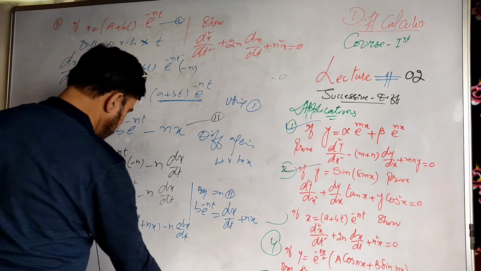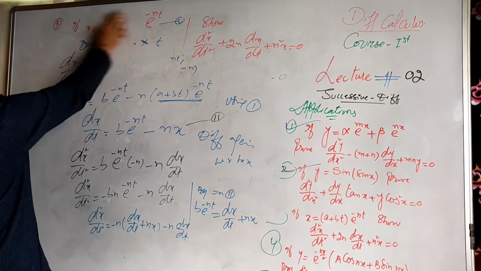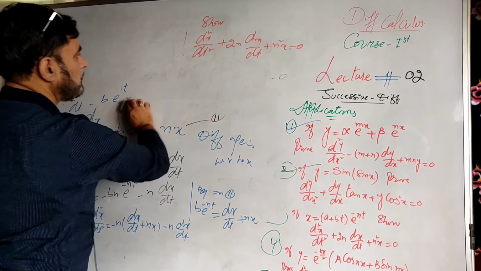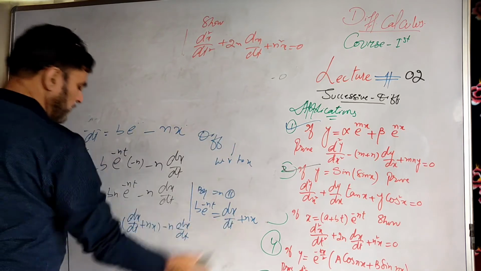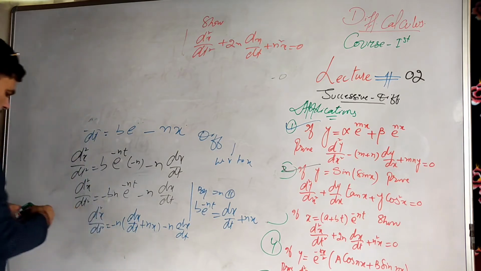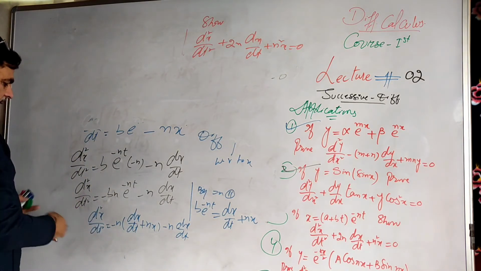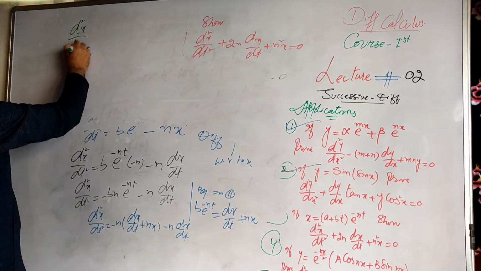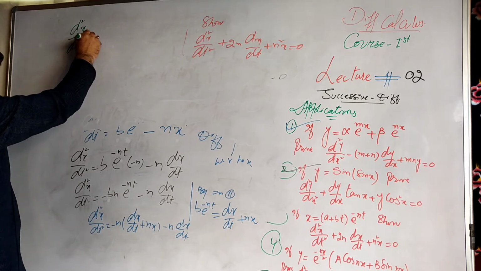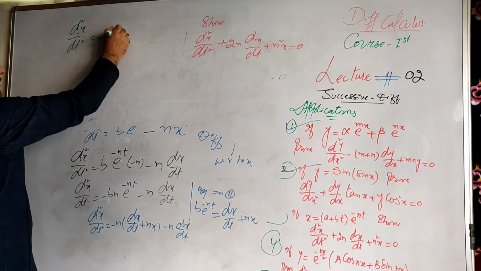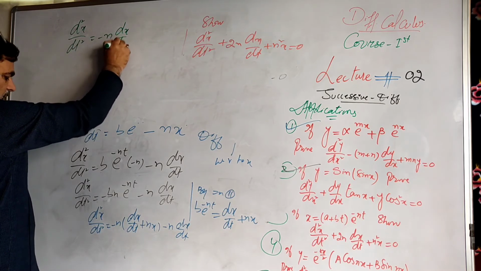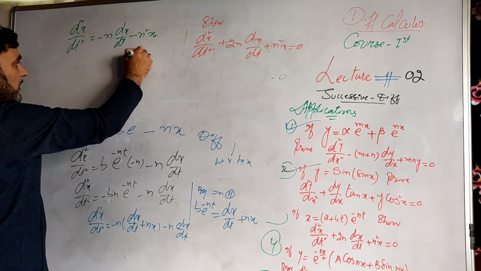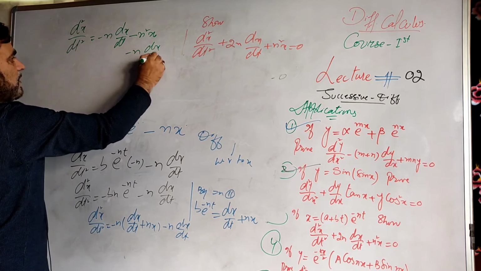To simplify this, one step more: d2x by dt square is equal to minus n dx by dt minus n square x minus n dx by dt.